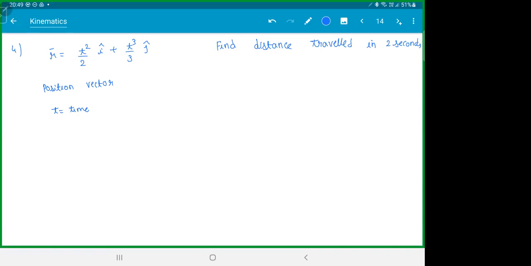How do we do this? The position vector r bar is t square by 2 i cap plus t cube by 3 j cap. Find the distance traveled in 2 seconds.